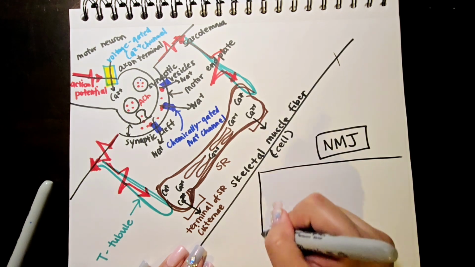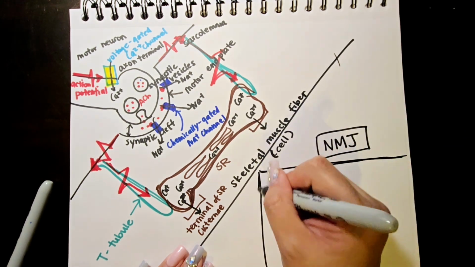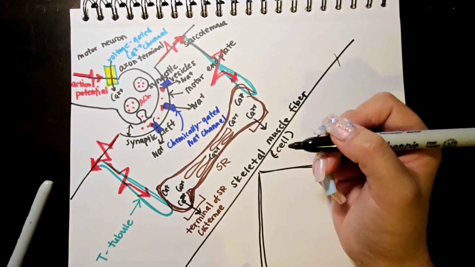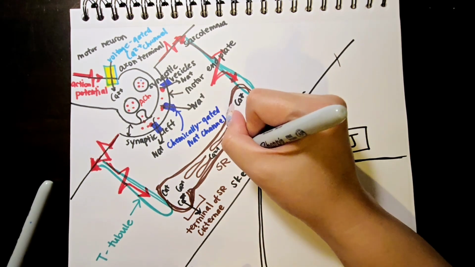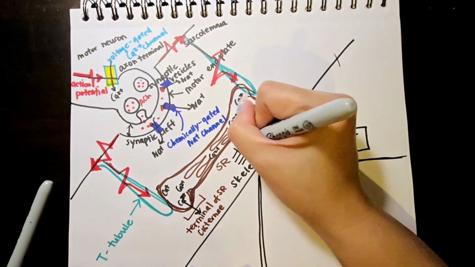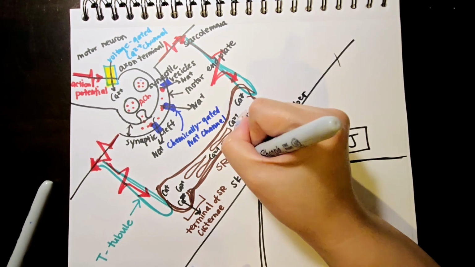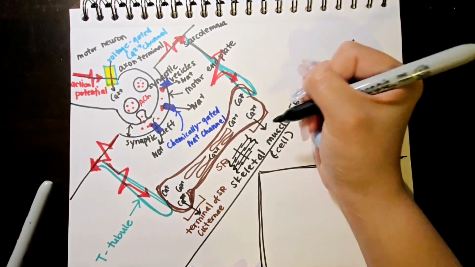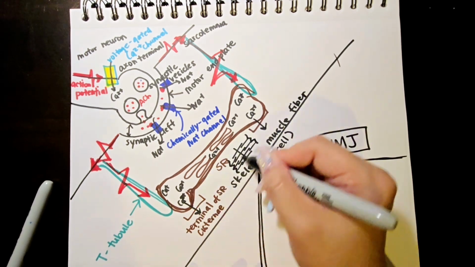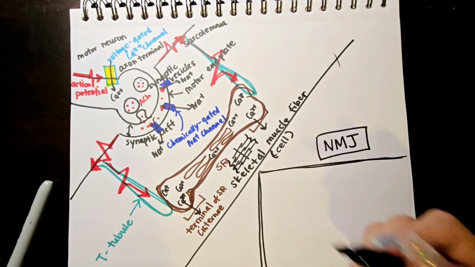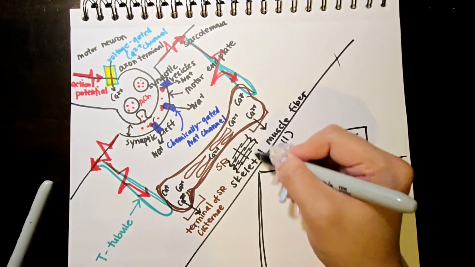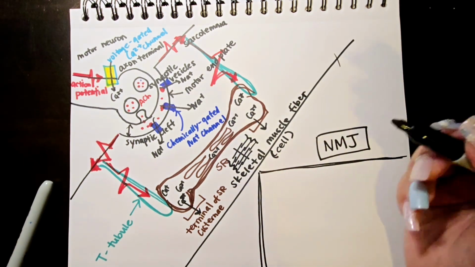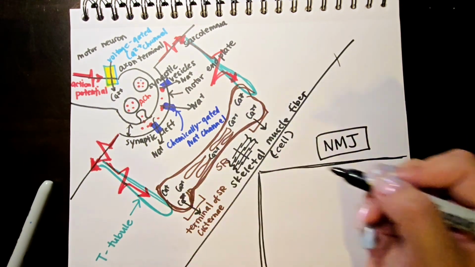Just imagine in this little panel, we're zooming in to what's happening here, because what we have down here is the sarcolemma, the sarcoplasm that has your sarcomere, which are individual functional units of a skeletal muscle fiber. Again, I don't have time to talk about all the parts of what a sarcomere is made up of. We may talk about that in another video.